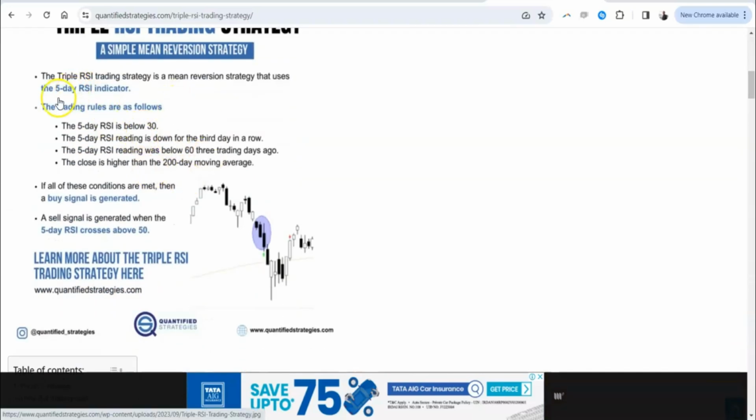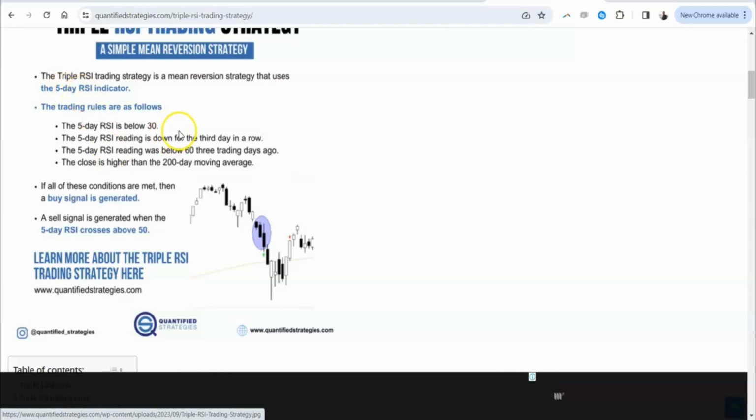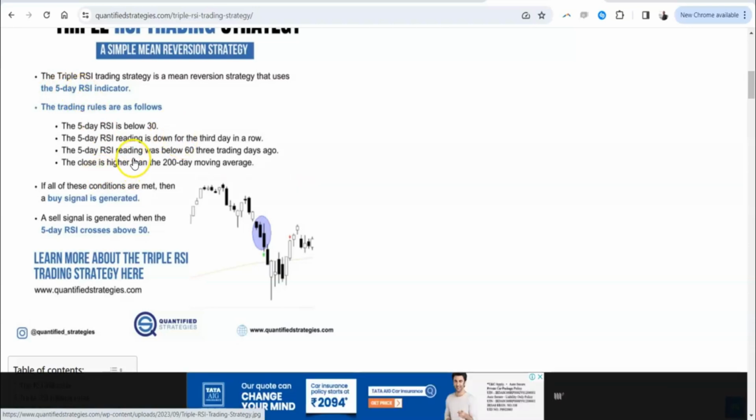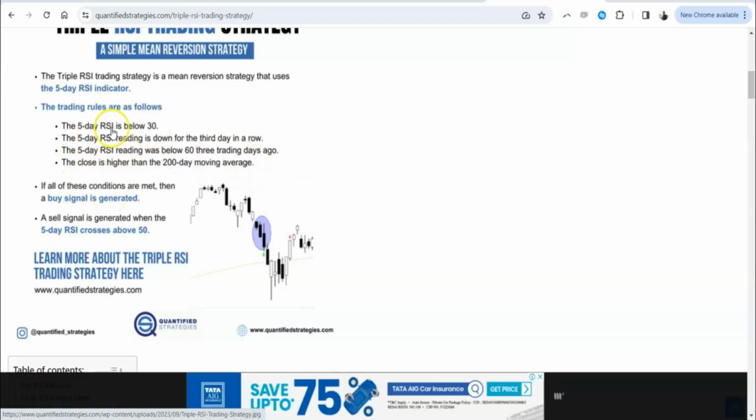All that it uses is the 5-day RSI indicator, and the rules are fairly straightforward. The first thing is that, just like the double crossover strategy, the close price needs to be higher than the 200-day moving average, whether the asset is currently under a bullish trend or a bearish trend, so that's very important. Then all that we need to do is consider the 5-day RSIs for 3 successive candles.